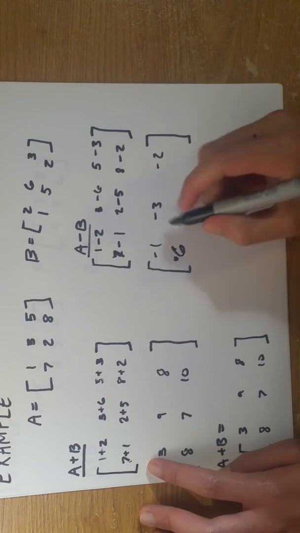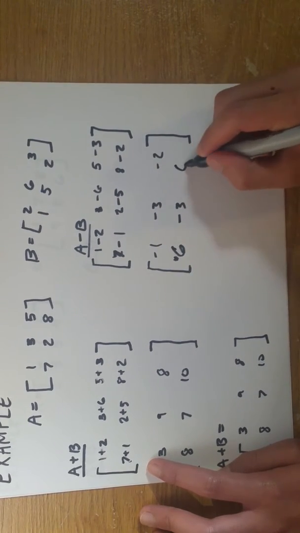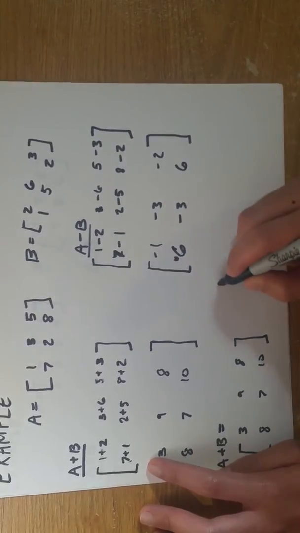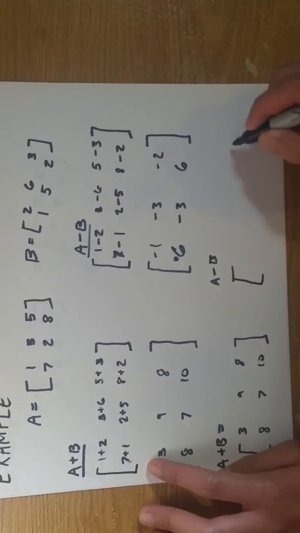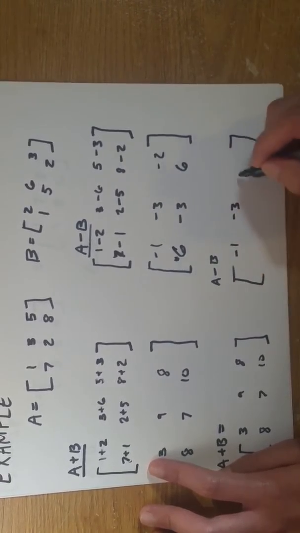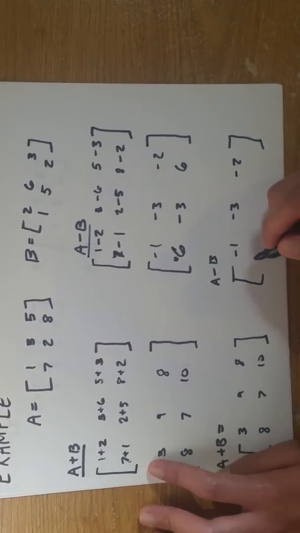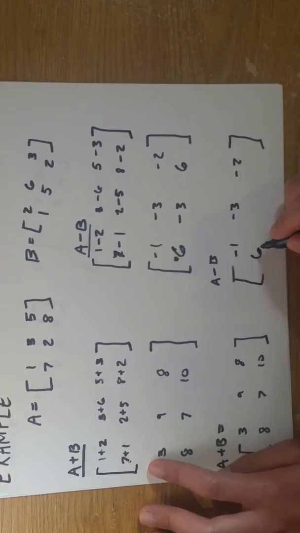So 2 minus 5 is negative 3, and 8 minus 2 is 6. So A minus B would be negative 1, negative 3, 2, 6, negative 3, and 6 again.